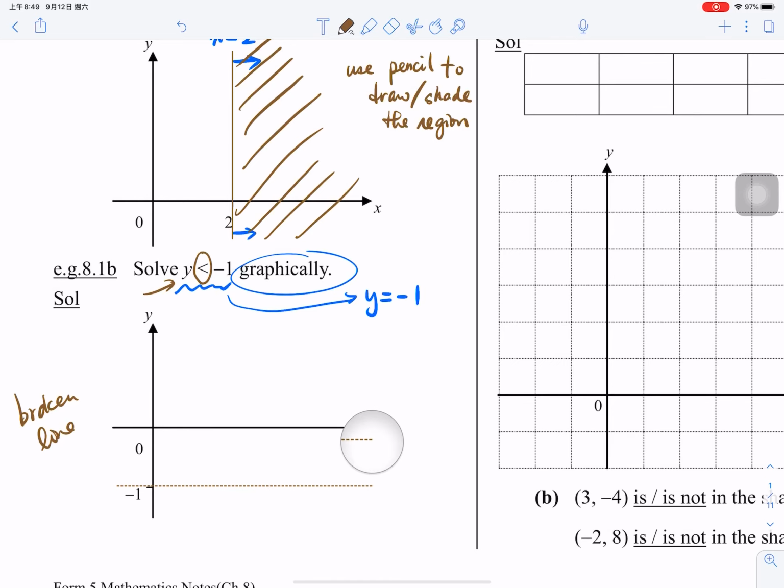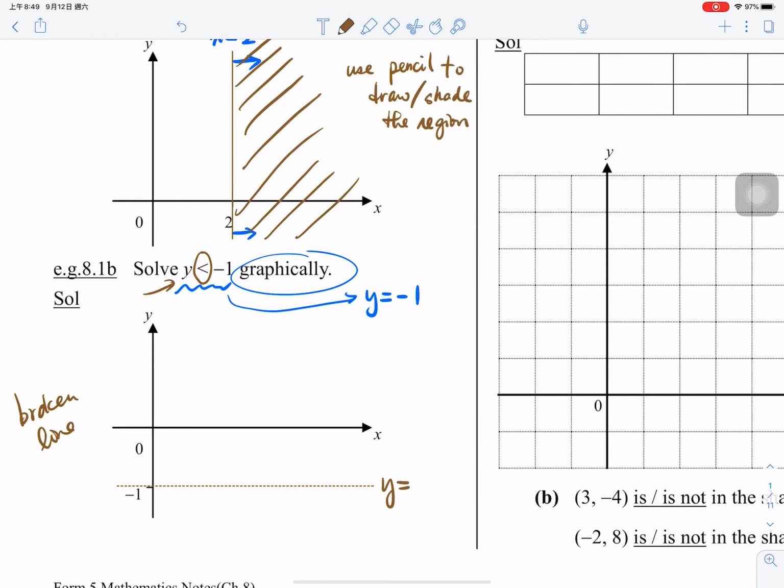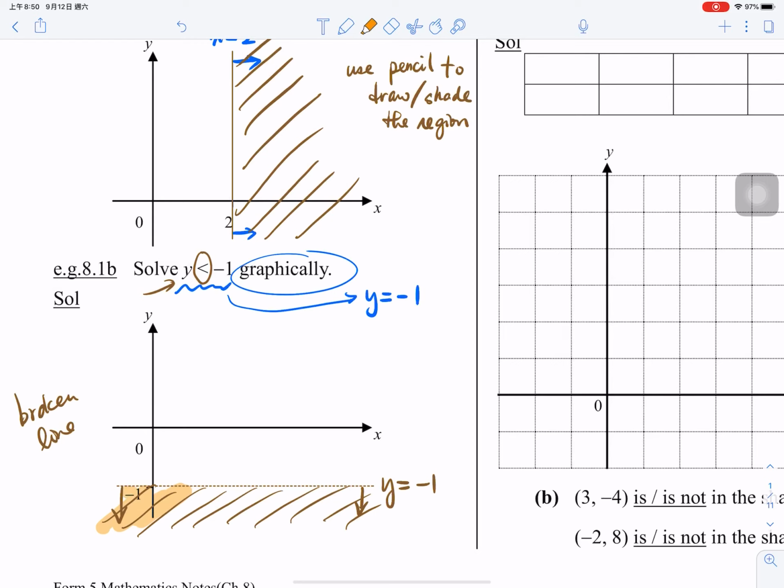That's great, okay? So y equals negative 1, this one a broken line. Smaller than means lower half plane, right? So shade it like this. If you want, you can shade it like this.